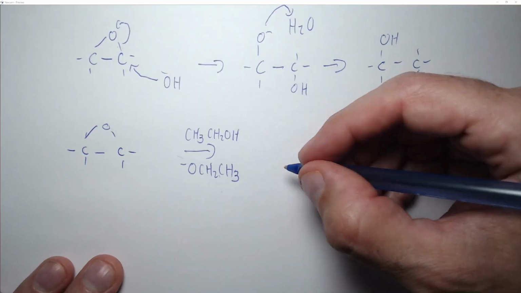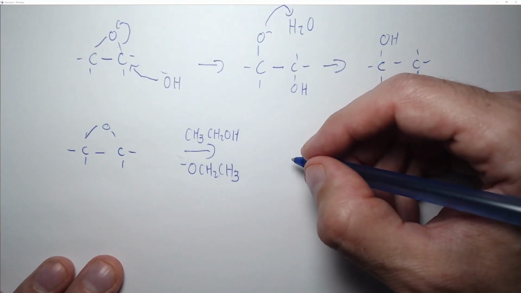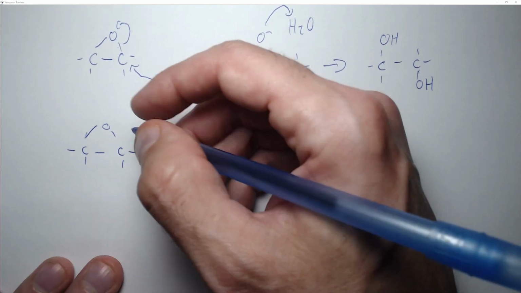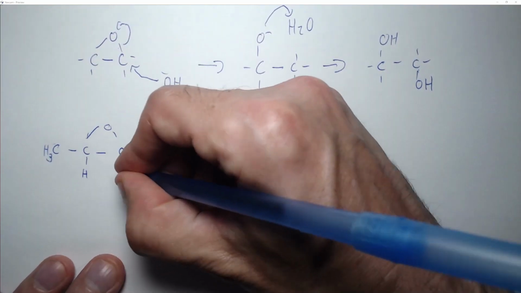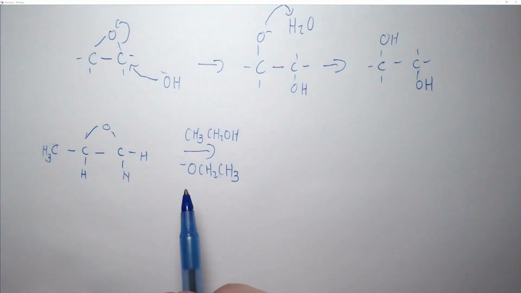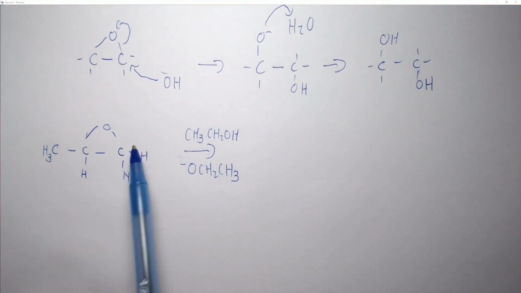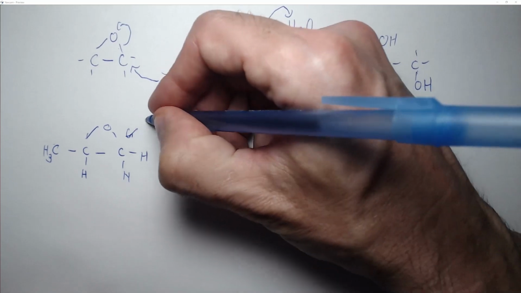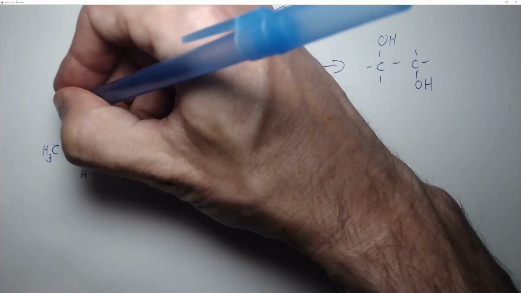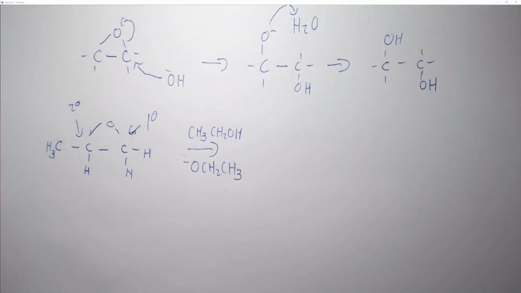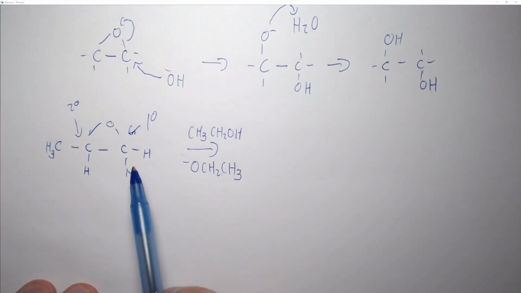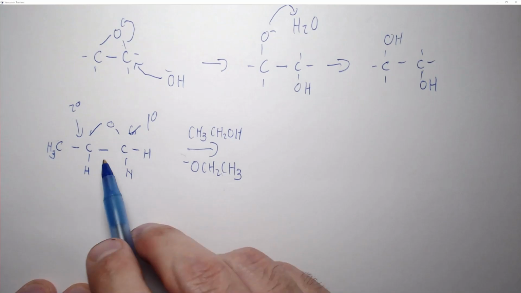This can break. What do we end up with? In this case, I'm going to give this some labels. This is a CH3, this is an H, this is an H, this is an H. So we have the primary and we have the secondary. If you remember, between primary and secondary, the major product is going to be with the attack at the primary carbon.